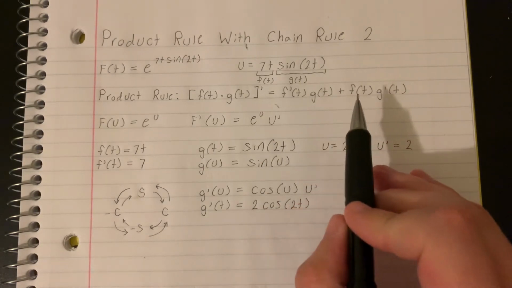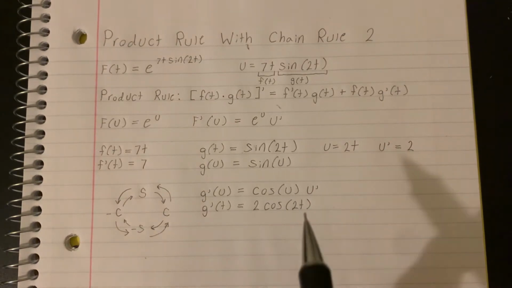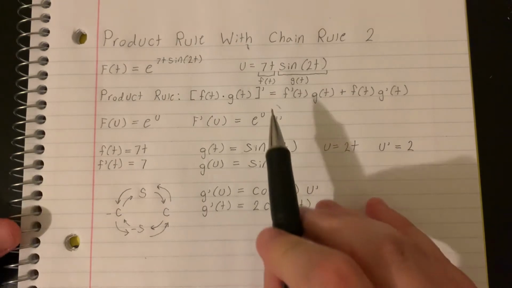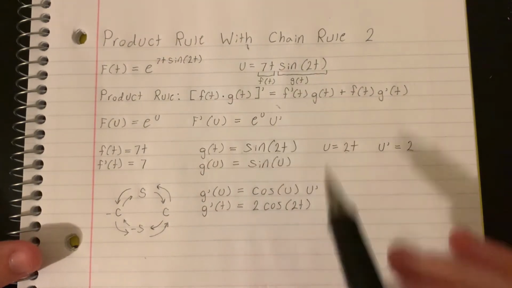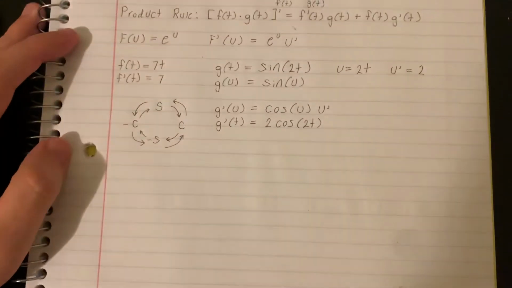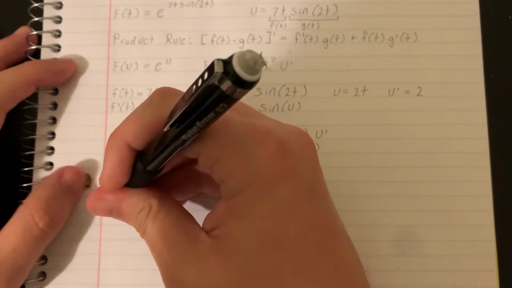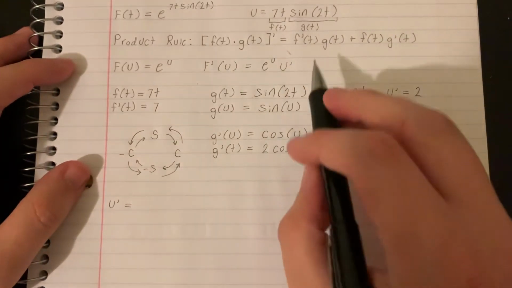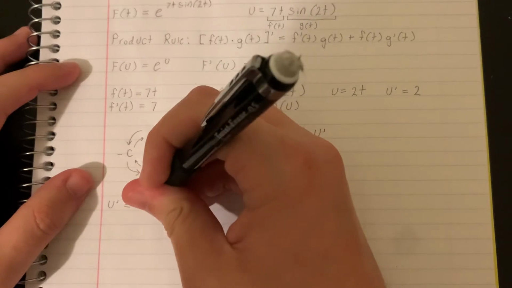Let's plug that into our product rule. But before that, I want to set this equal to u prime because I don't want to forget that that's actually what we're finding. So when we find the solution of this product rule, we need to plug that in right here. So u prime equals, so the first thing we need is our f prime of t. f prime of t is 7.